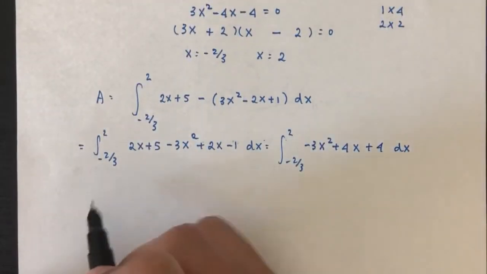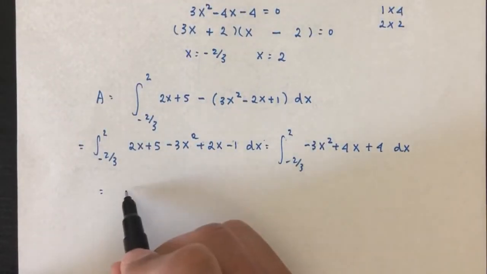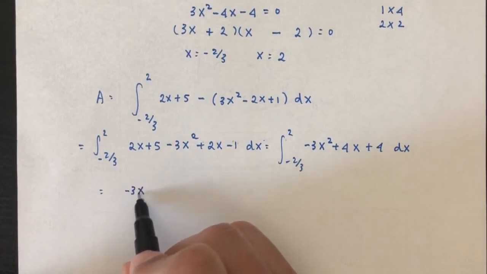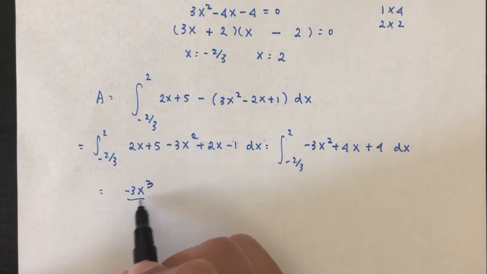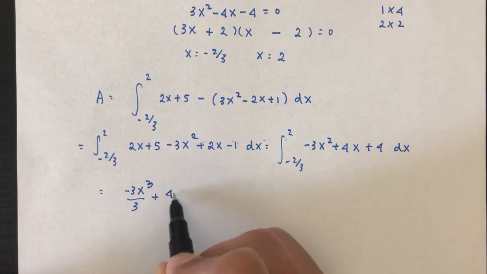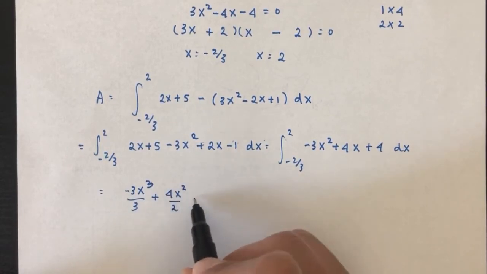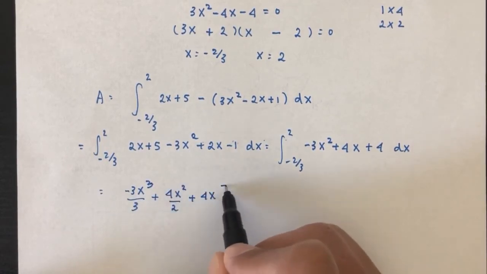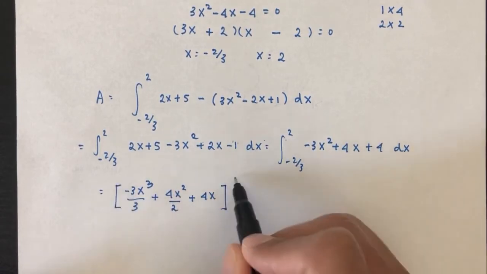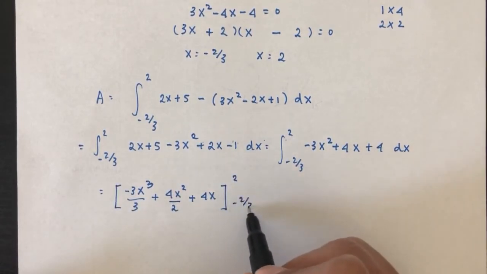So let's solve that. It becomes minus 3x cubed divided by 3 plus 4x squared divided by 2 plus 4x, between 2 and minus 2 over 3.